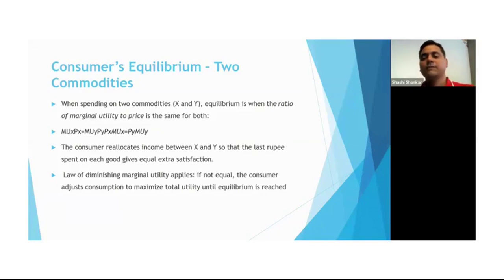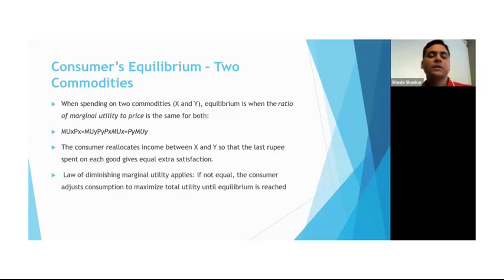In the case of one commodity, we saw if the marginal utility is higher than the price or lower than the price. Okay. Here, when spending on two commodities, X and Y, equilibrium is when the ratio of marginal utility to price is the same for both, right? So MUx/Px equals MUy/Py.